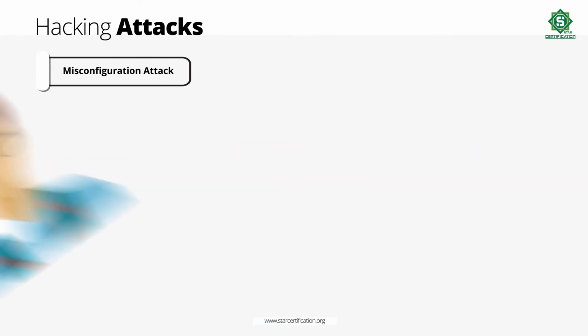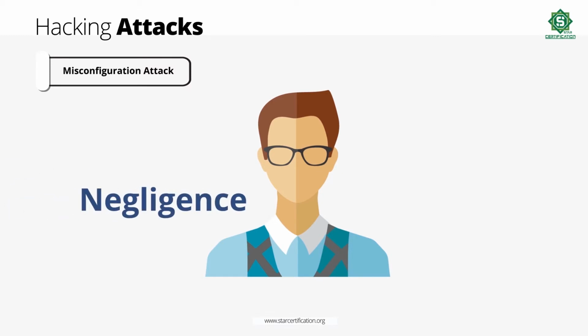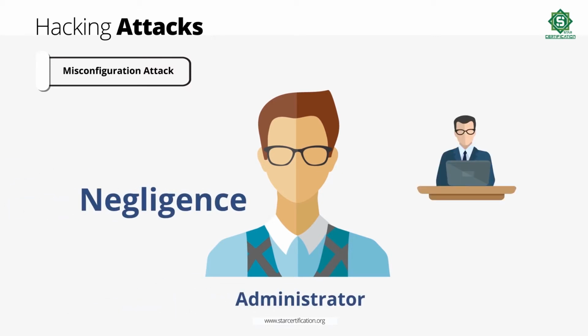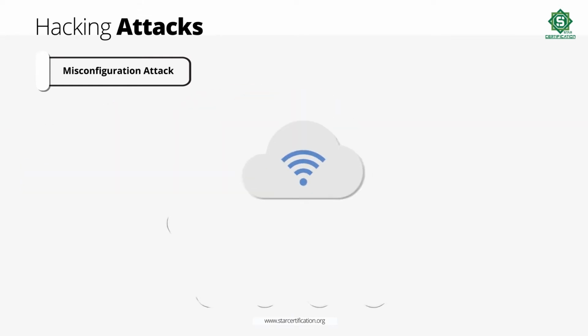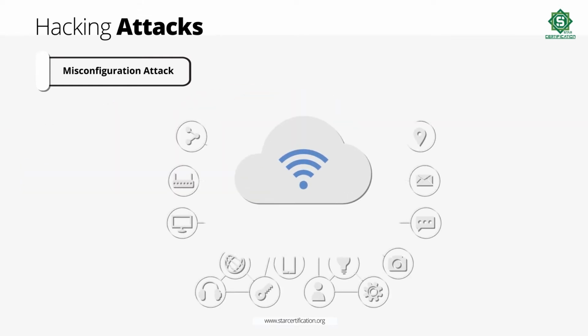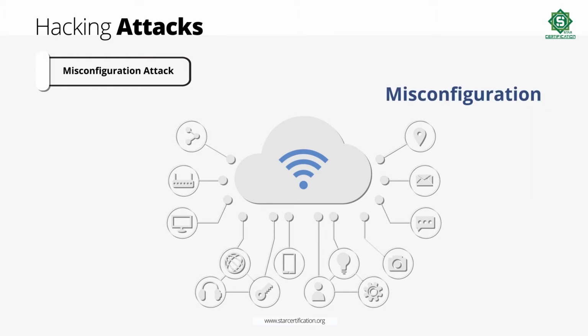Misconfiguration attack. Any error caused by the negligence of an administrator, such as providing improper permissions to unauthorized users, allowing new devices to be connected to a secure network, or leaving the system with default settings, may lead to a possibility of a hack attack due to the misconfiguration.